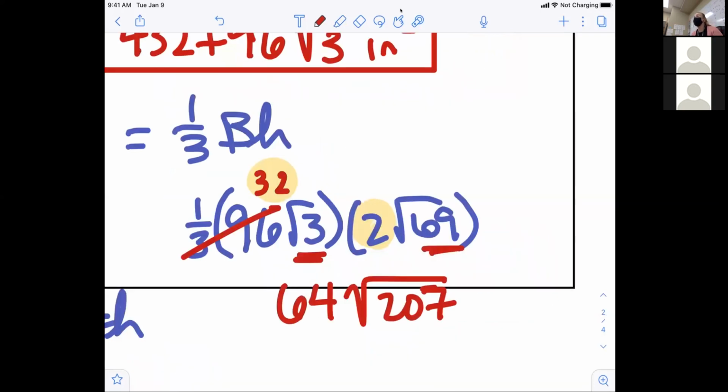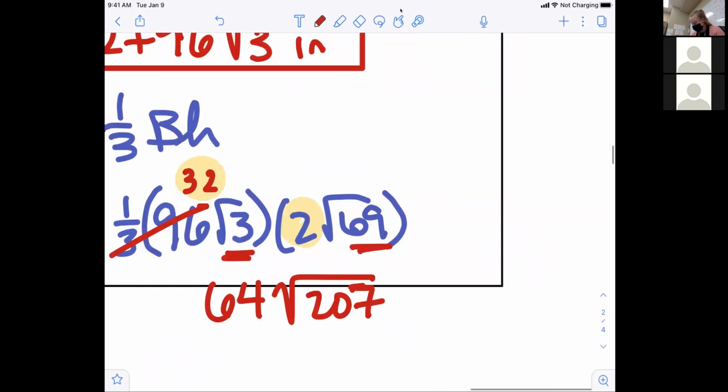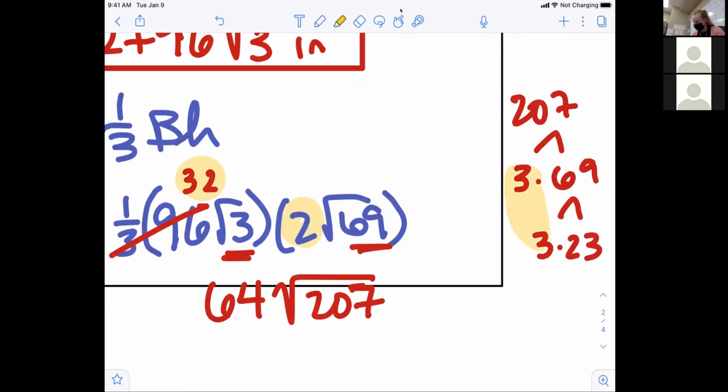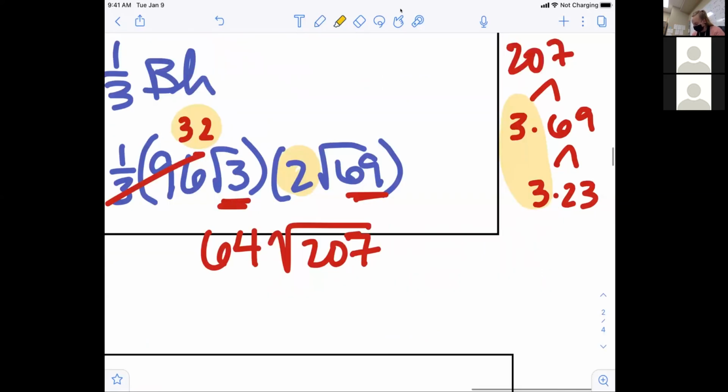However, before we're done, we got to make sure 207 is as simple as it is. I'm going to argue it's not. To get 207, we just did 3 times 69, right? And 69 was 3 times 23. Do you see I've got a 3 I can take out? So this is like 3 root 23.